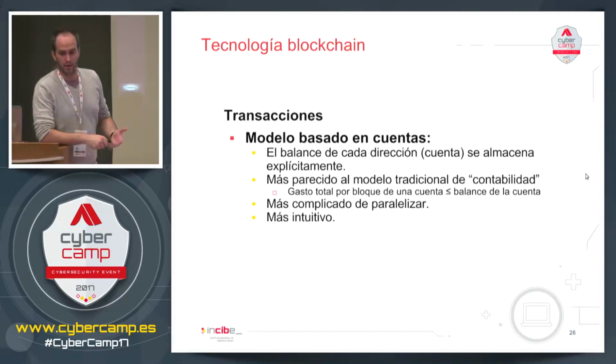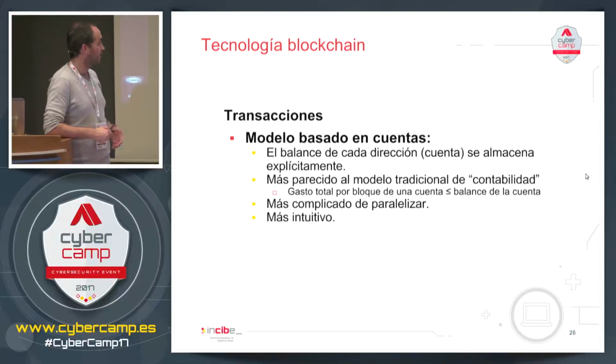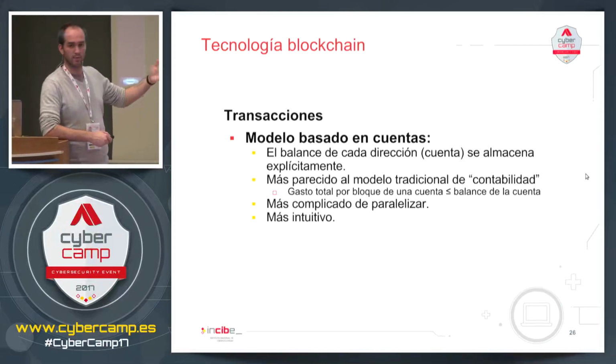Also, the transactions are signed digitally with the private key associated to the public key, the private key that's represented by this address. It's more intuitive because in the end it looks similar to the typical banking model.